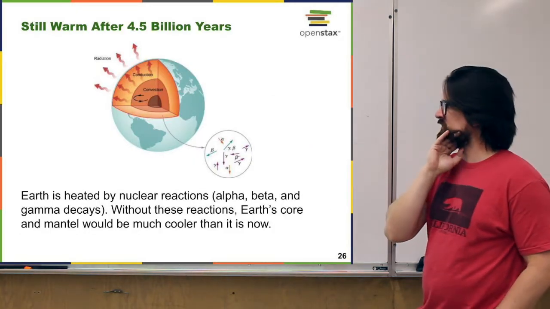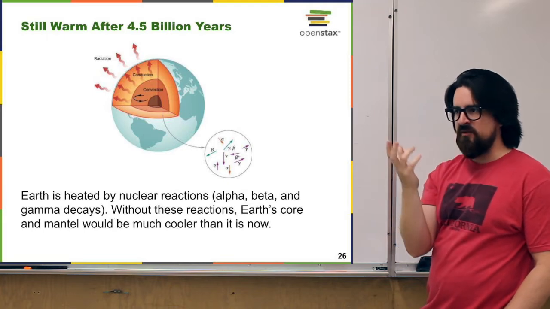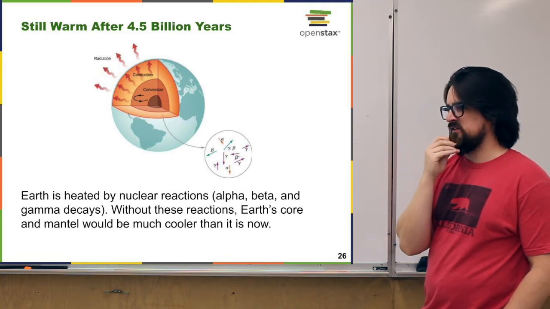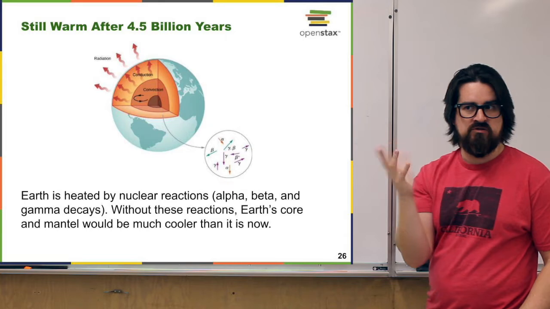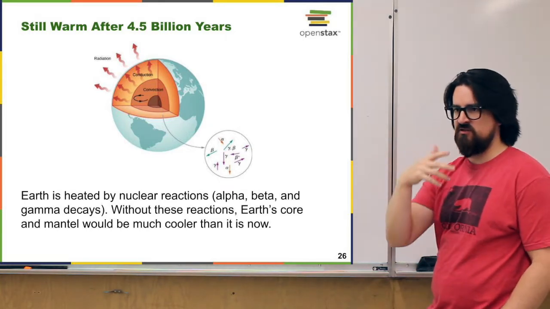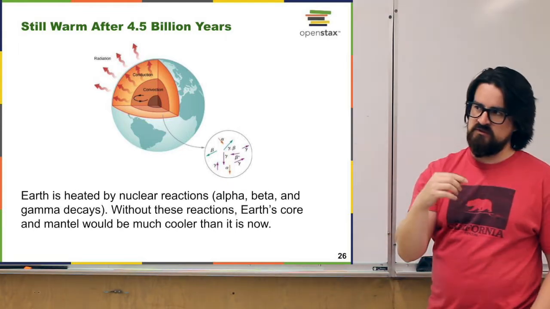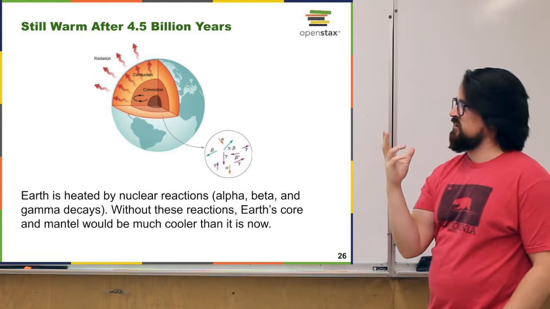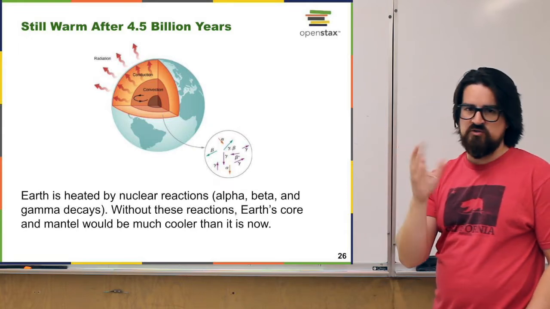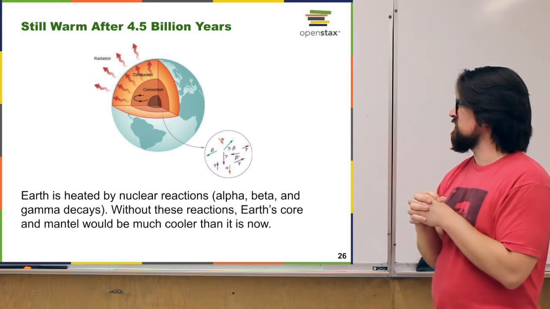One intriguing thing about learning about these decays is it helps us understand why the Earth is still as hot inside as it is. When the Earth formed, at least the prevailing theory is that it was mostly molten rock or different elements, but mostly rock of some kind.